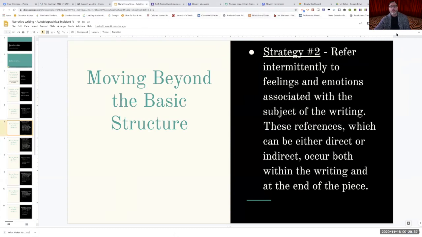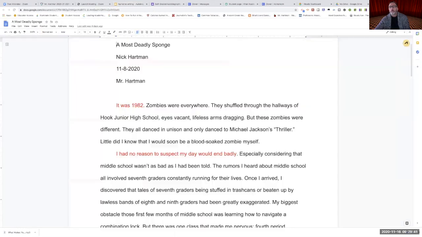We're just going to read it strictly for feelings and emotions and where those come in. So I'm going to highlight all of those feelings and emotions in a light green, which contrasts more.